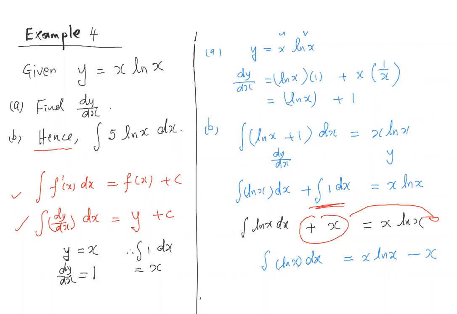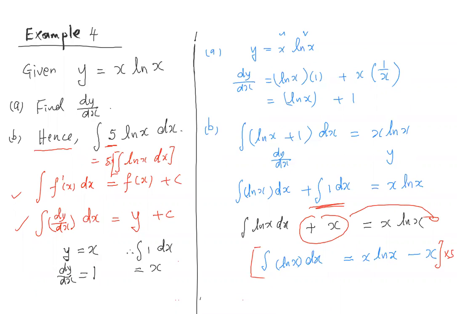Okay, now I look back at the question. Whenever you have a number, this can be read as 5 times this. I teach you how to read. Now I only got 1 time of that, correct? So for the whole equation, I multiply by 5.